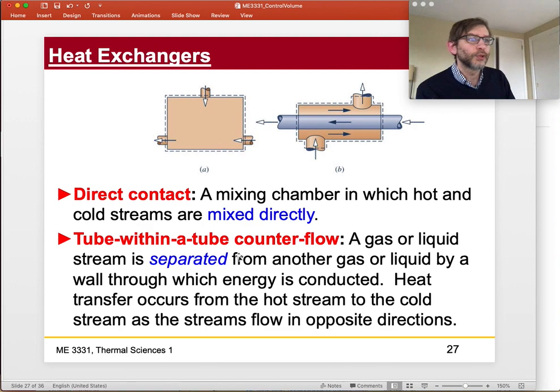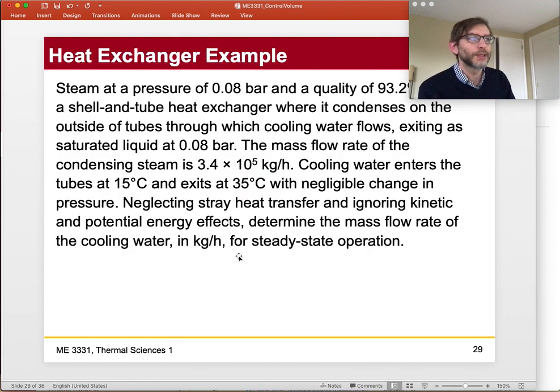Shell and tube, tube within a tube, it means the same thing, okay? Where it condenses on the outside of the tubes through which cooling water flows, exiting as a saturated liquid at 0.08 bar, and the mass flow rate of the condensing steam is 3.4 times 10 to the 5th kilograms per hour. Cooling water enters the tubes at 15 C and exits at 35 C with negligible change in pressure.